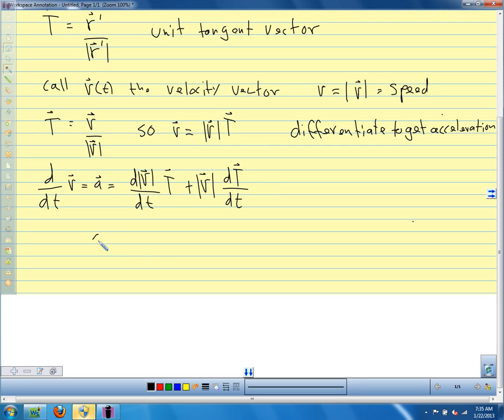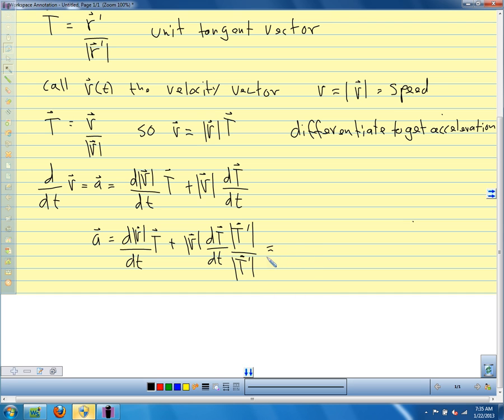So I'm going to say that my acceleration vector is, we're going to leave this one alone, plus the magnitude of my velocity here, and I'm going to multiply this dT/dt by the magnitude of T prime over the magnitude of T prime. And then rearrange a little bit.